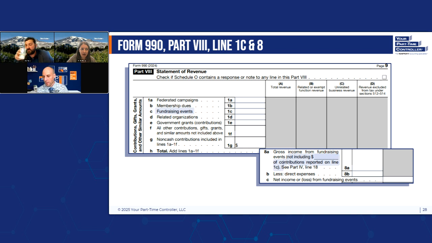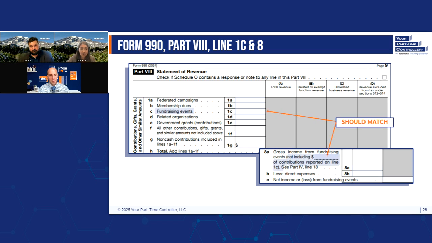Up on line 1 is where you have your donation totals, and line 8 specifically is where your fundraising activity gets reported. Line 8 in theory will match up with Schedule G most of the time, if you are in fact doing Schedule G for your donated auction items.